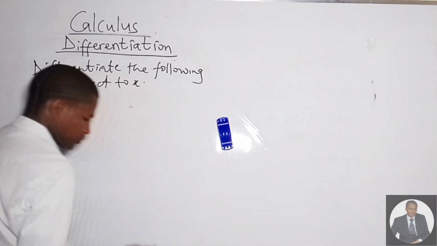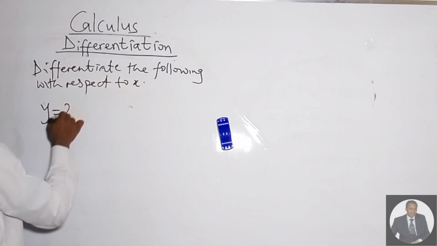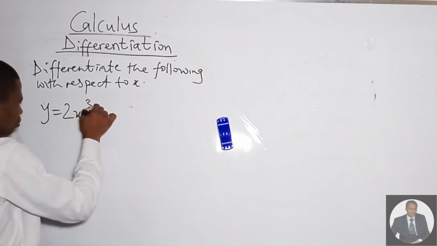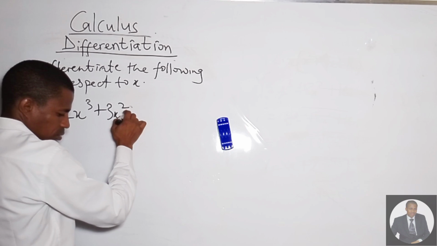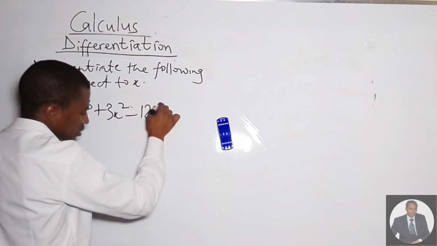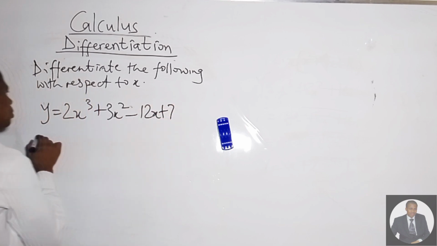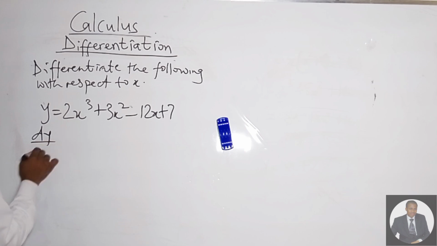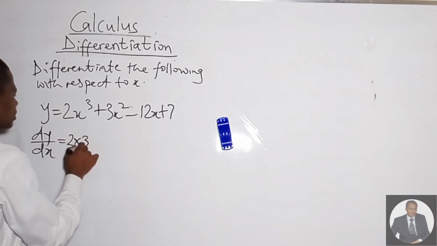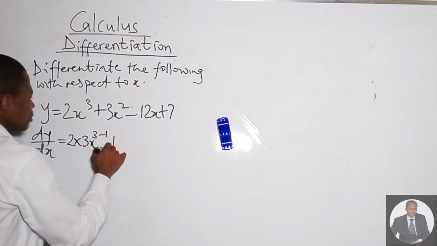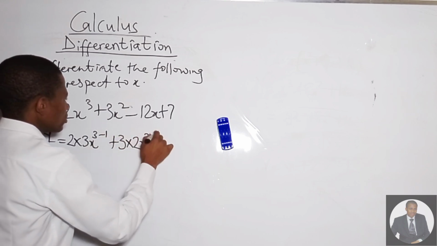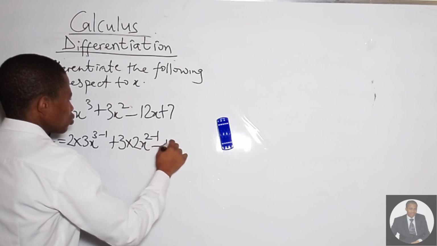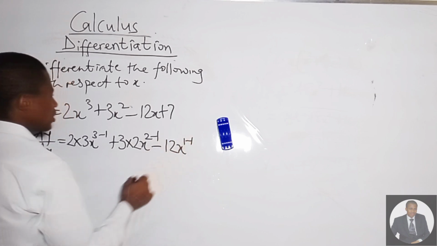Another question. y equals 2x cubed plus 3x squared minus 12x plus 7. So the dy/dx, differential coefficient or derivative of this, will be 2 times 3x, 3 minus 1, plus 3 times 2x, 2 minus 1, minus 12x, 1 minus 1.